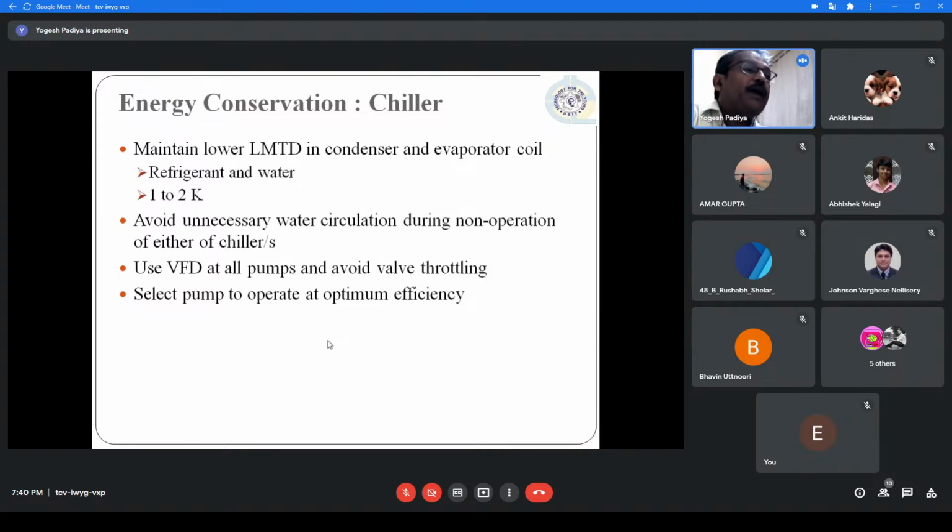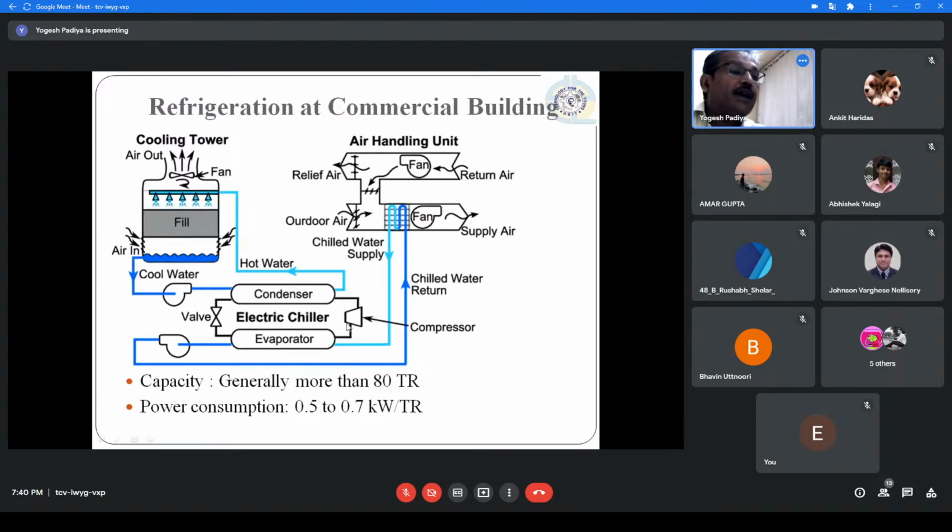Now, let us go back. The chiller compressor power consumption depends on the evaporator temperature and the condenser pressure. If the evaporator temperature is high and the condenser pressure is low, the compressor will have to provide less power. You can assume that the main purpose of the compressor is to increase the pressure from low to high.